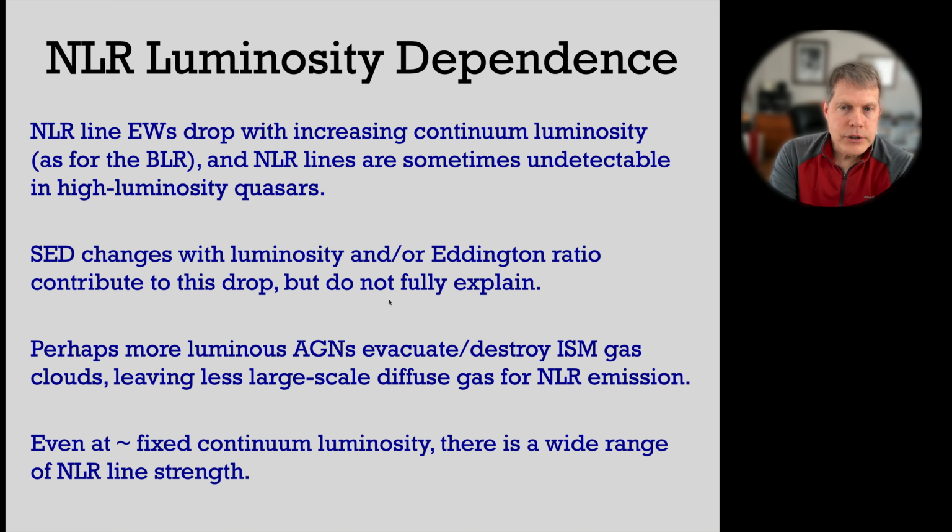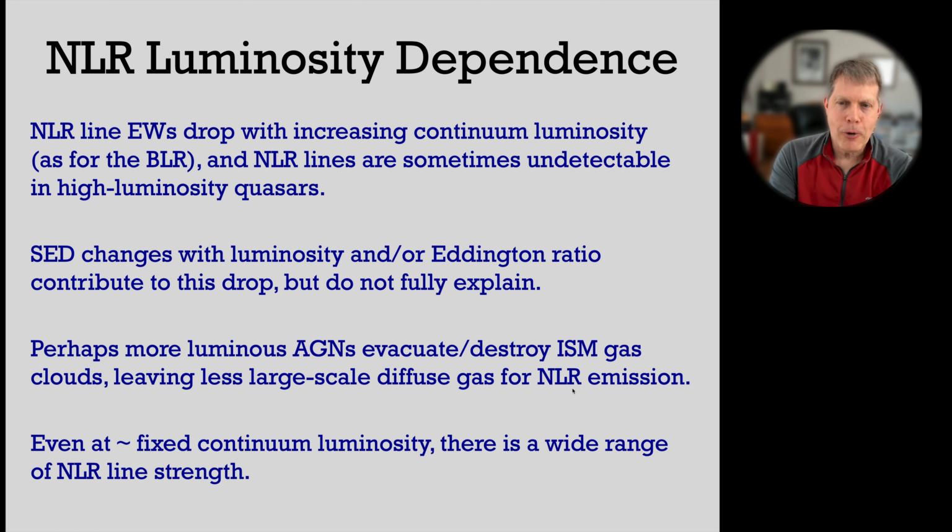And so what else is going on? Well, we don't know for sure. Perhaps more luminous AGNs become effective at substantially evacuating or destroying gas in the interstellar medium, and thus, owing to those effects, leave less large-scale diffuse gas present for continued emission from a narrow line region.